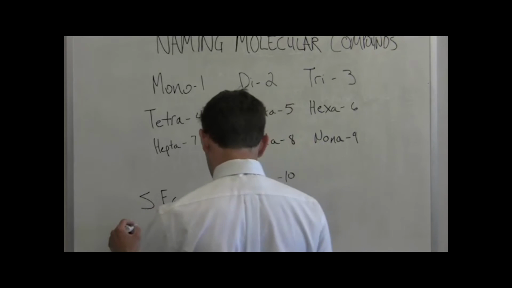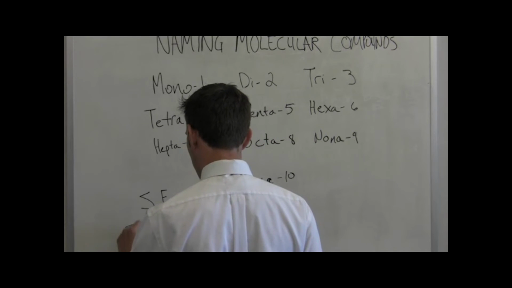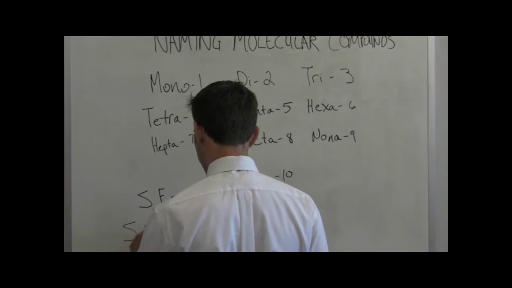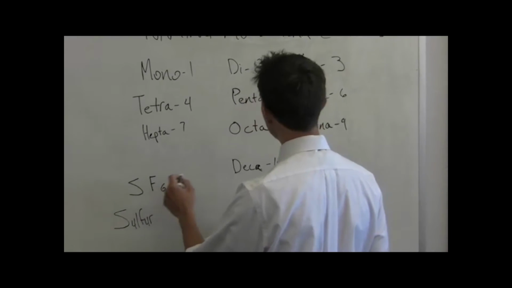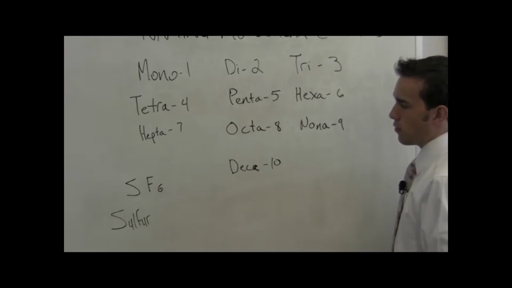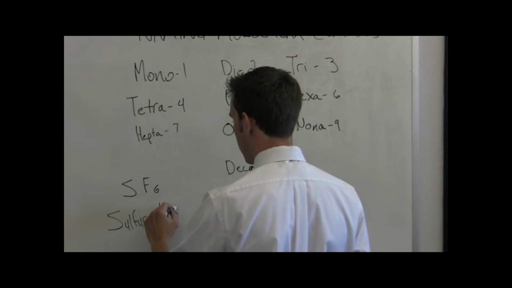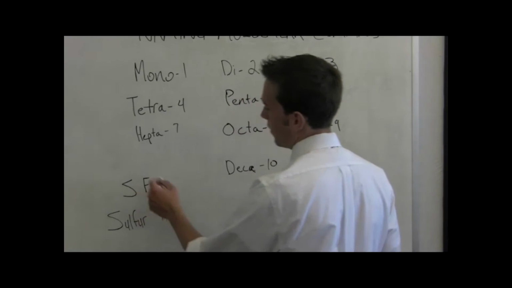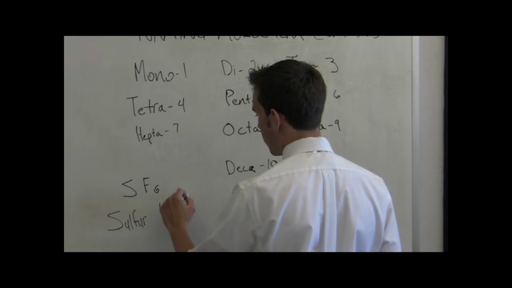But here we have sulfur, and 6 here is hexa. So it'll be sulfur, hexa, and then we have fluorine, so fluoride is what we'll name it.